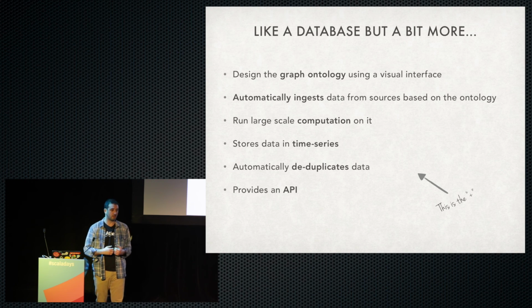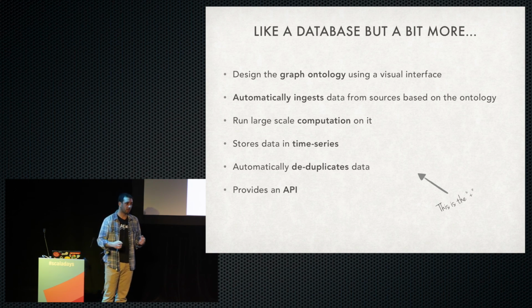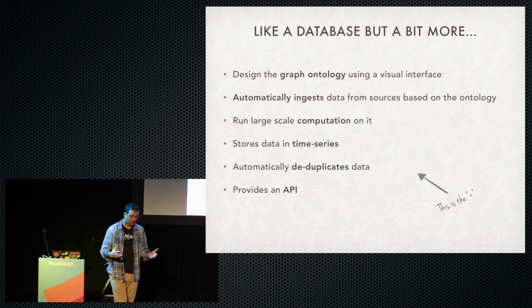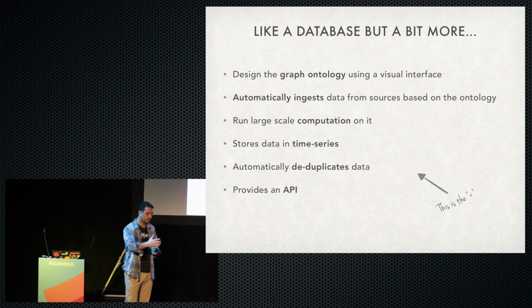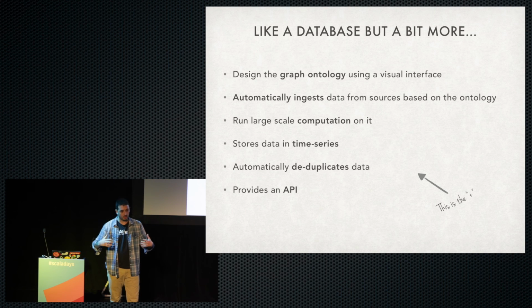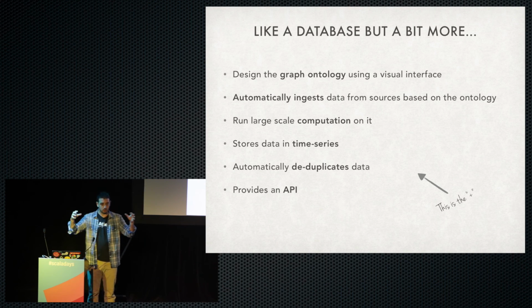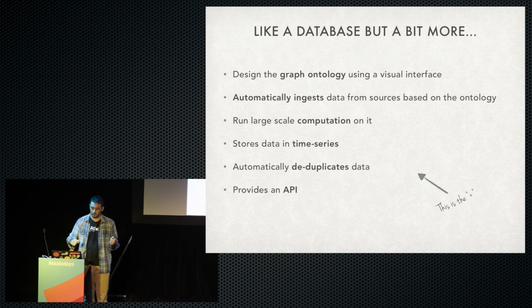It's an ontology. It's basically saying the what is of the graph. So what are the things in the graph? In our example, there are customers, there are transactions, there are accounts, things like that. Once you do that, it automatically knows how to connect to different sources, grab the data, bring it into the graph, and make it available to you under that sort of business language that we just talked about.